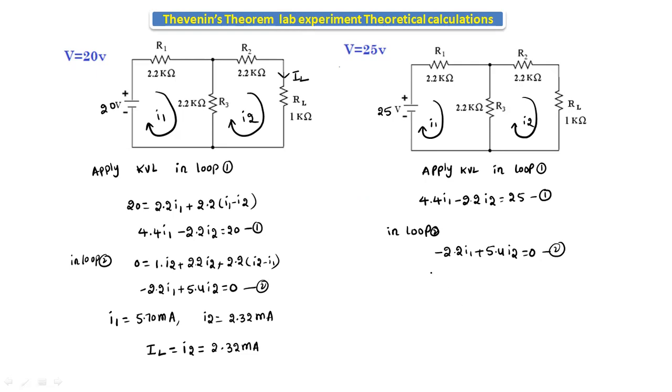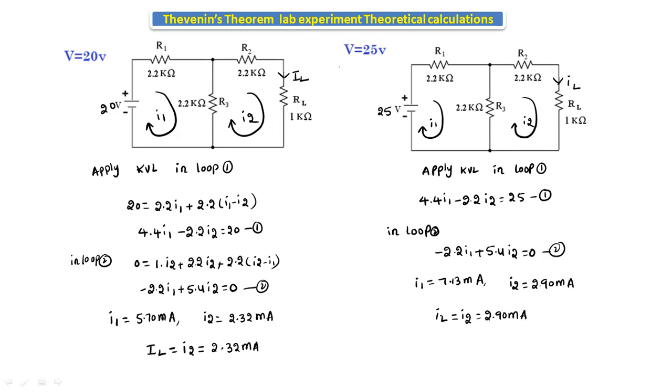Here from equation number 1 and 2, we got I1 is equal to 7.13 milliamps and I2 is equal to 2.90 milliamps. The current passing through the load resistance we are assuming IL, and it is I2, so the load current is 2.90 milliamps.